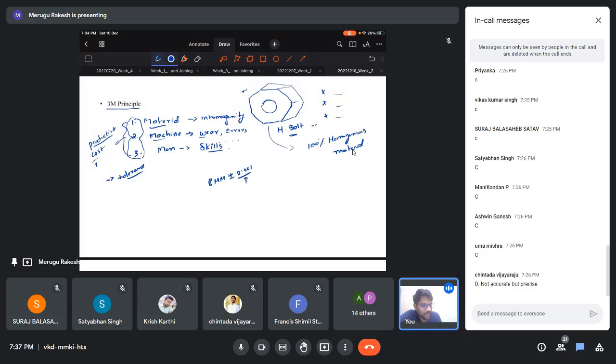If you see here, this is the range in which I can produce the bolt. Now I have the freedom to produce this type of product within this range.